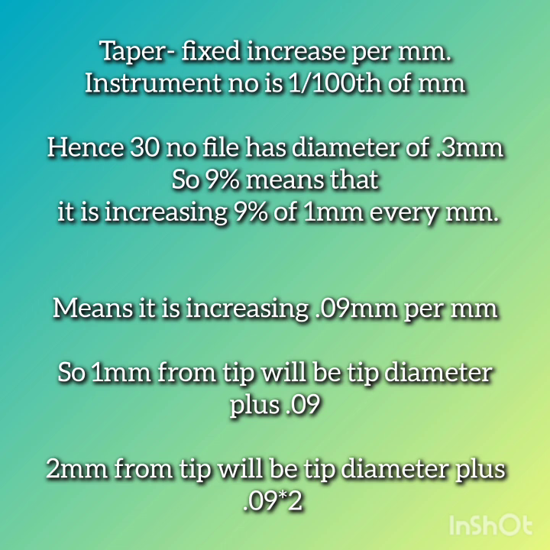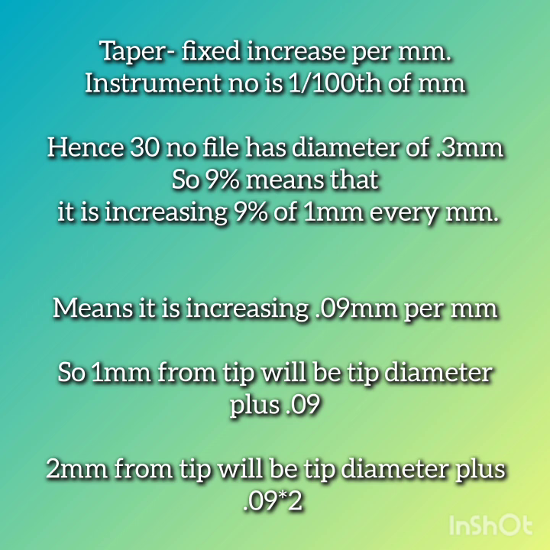So instrument number is nothing but the diameter in 100ths of a mm. A 20 number instrument means the diameter is 20 by 100, that is 0.2 mm, whereas a 30 number instrument, as F3 is asked in the question, is 30 by 100, that is 0.3 mm. Okay. So we know the diameter is 0.3.